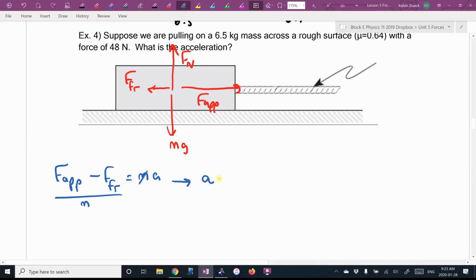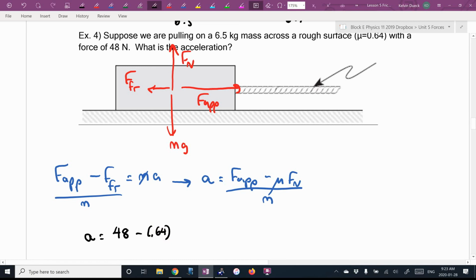So I'm going to get a really similar equation to the one that we just did. It's going to be F applied minus mu times the normal force all over M. I'm going to get F applied, which was 48, minus mu, which is 0.64.